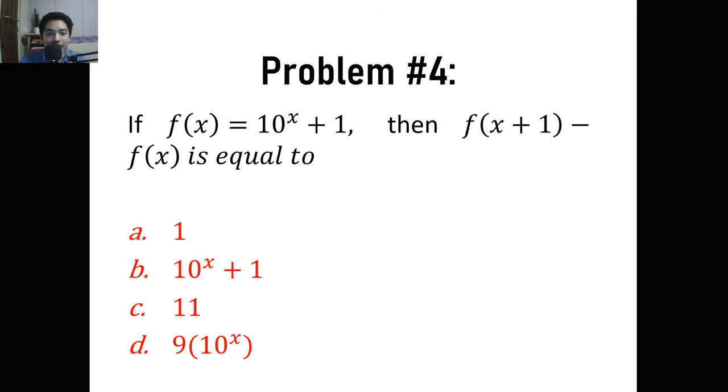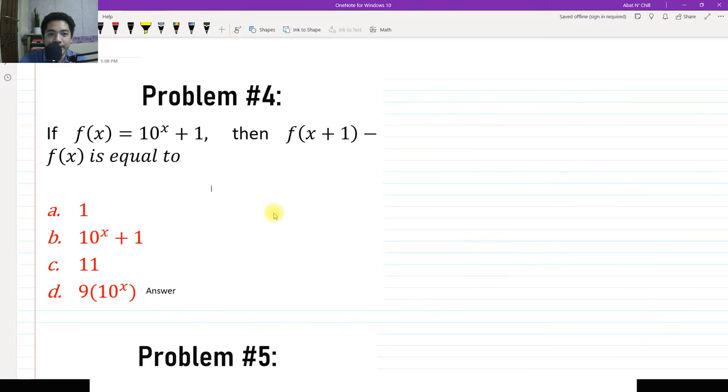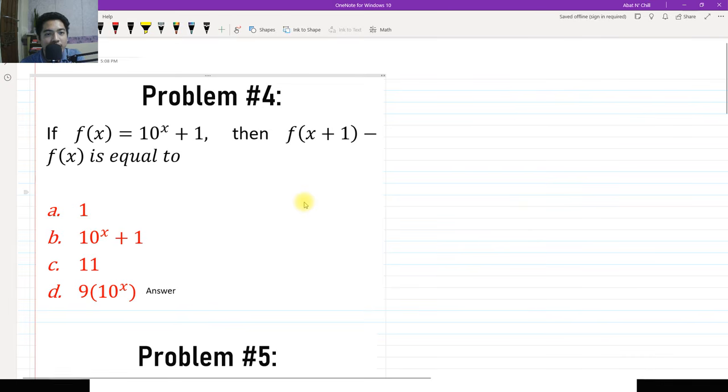Okay? So, let me first clarify this. When we are going to use x, always use x greater than 1. Greater than 1. So, let's say we use x equals 2. Okay? So what are we going to do?